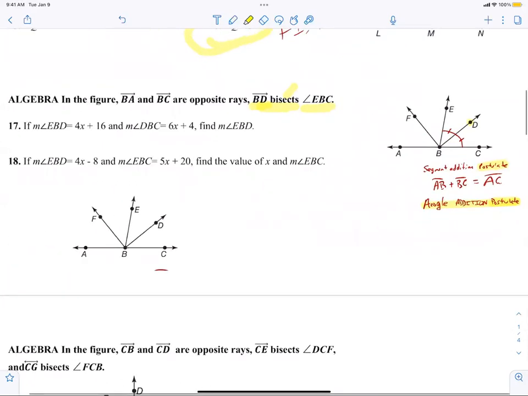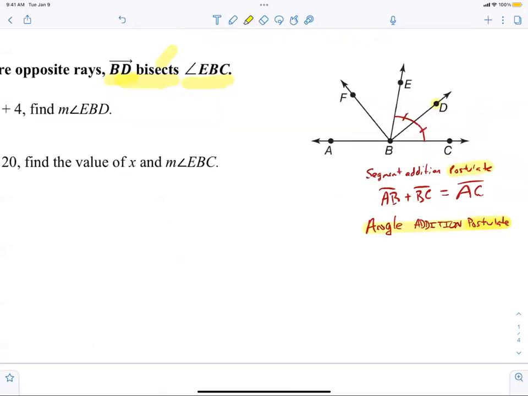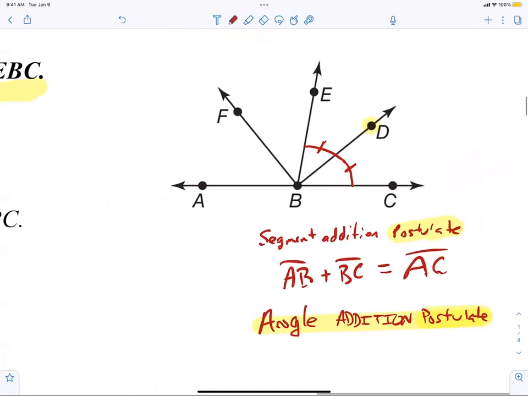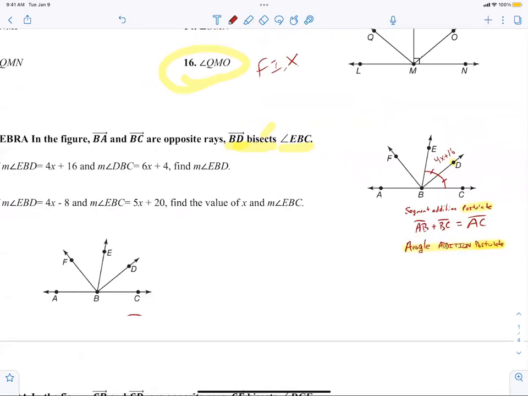All right, so now let's look at number 17 and see what it says. So you mark EBD 4x plus 16. So I'm going to write on my figure 4x plus 16. And then what? Is it really supposed to be find angle EBD? Because it already says it.